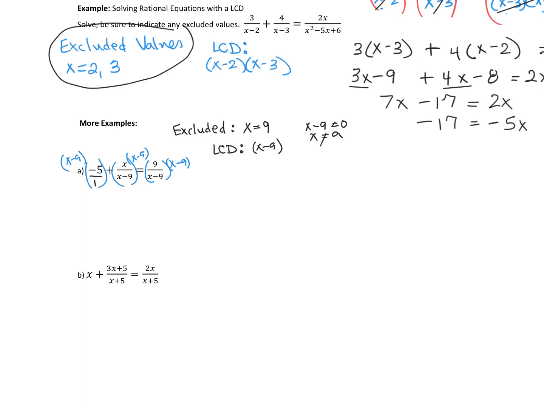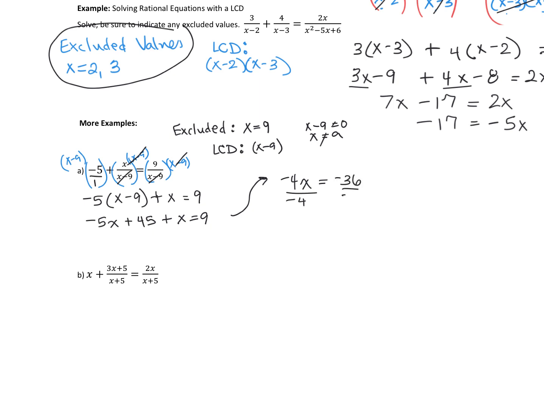So when we distribute on the first one, nothing cancels. So we get negative 5 times x minus 9 plus, the x minus 9's cancel, so we just get x, and then the x minus 9's cancel, and we get 9. So we have negative 5x plus 45 plus x equals 9 minus 4x equals negative 36.